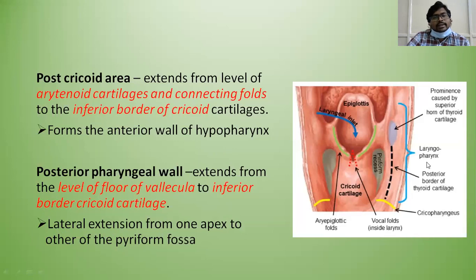The important point here is that post-cricoid carcinoma is most common in middle-aged females, and it is also the location of the post-cricoid web in Plummer-Vinson syndrome. Plummer-Vinson syndrome is a 2 marks question for you.